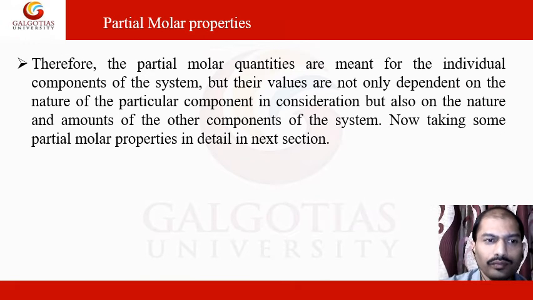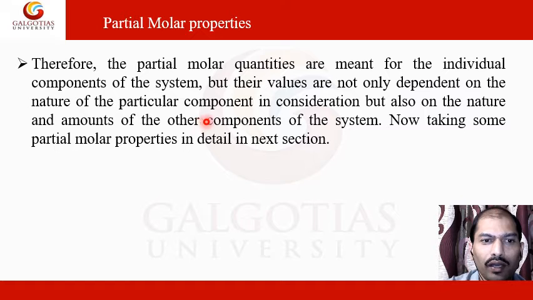Therefore, partial molar quantities are meant for the individual component of the system. It means if there are different types of components, you have to add them differently, as we had seen.